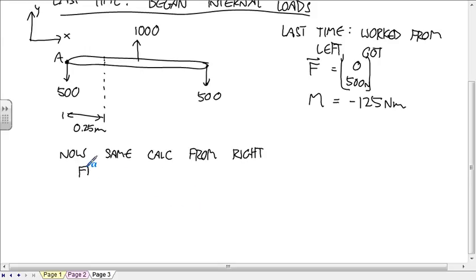So our free body diagram looks like this now. It doesn't include the point A, but it includes this and this.